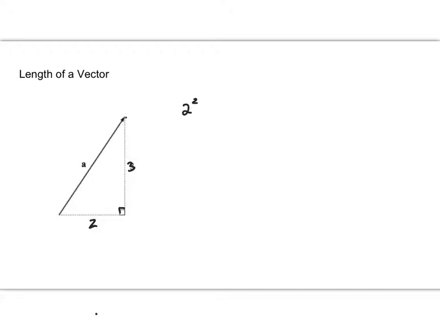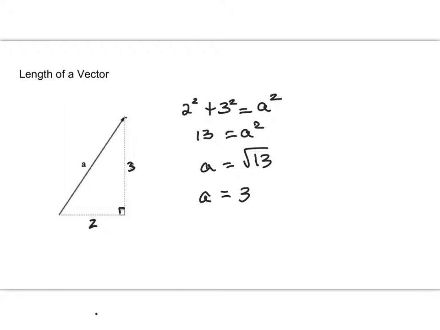And let's set that up. 2 squared plus 3 squared equals a squared. 2 squared is 4, 3 squared is 9, so that's 13 is equal to a squared. So a is radical 13, which means that a is roughly 3.61. We call that the magnitude.